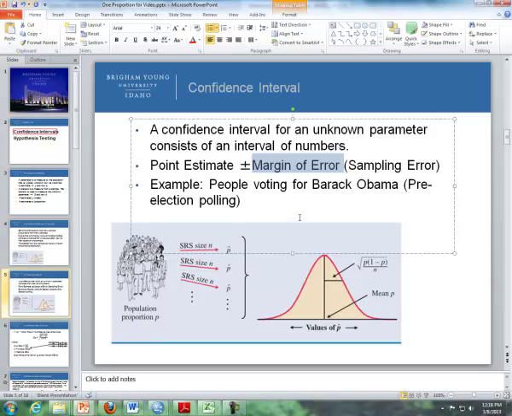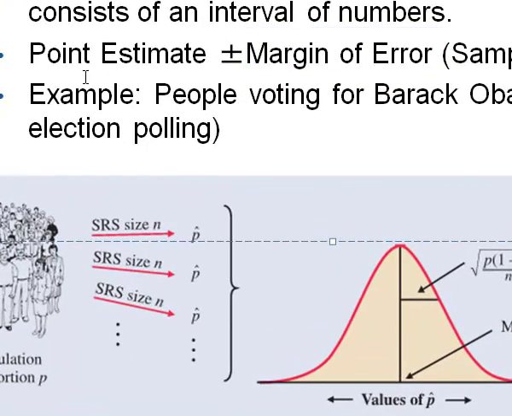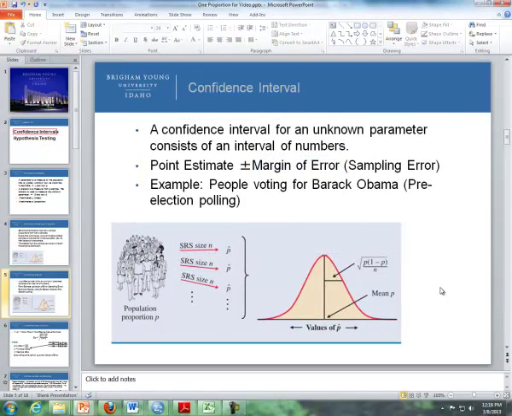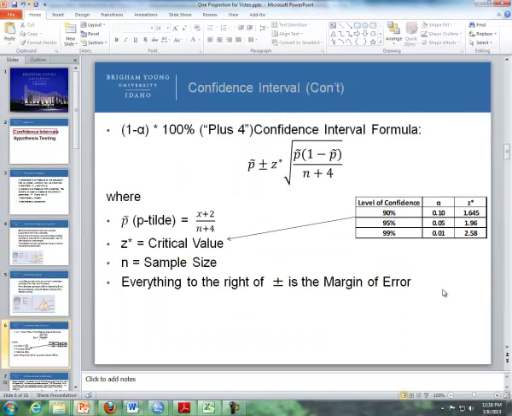Say for instance in our sample we get 48% that say they will vote for President Obama, but we have a plus or minus 4%. So this would be our confidence interval, where we take 48% plus or minus 4%. So we would be X% confident that the percentage of people voting for Obama would be between 44 and 52%. Okay.